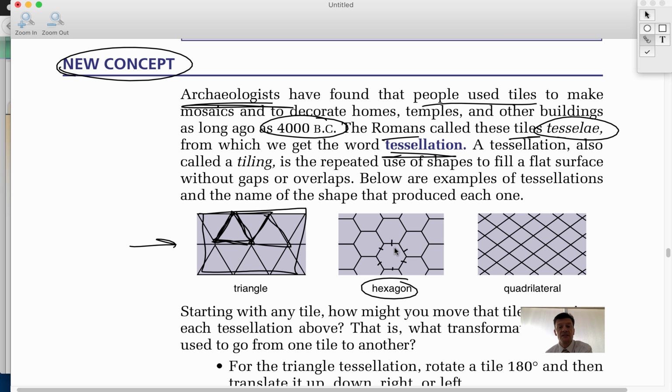This is a regular hexagon because all of the angles are the same measure as well. You can fit all of those hexagons together. Again, there are no openings, no blank space on that floor. Here's a quadrilateral. It has 4 sides, 1, 2, 3, 4. So it looks like every triangle, every hexagon, every quadrilateral can tessellate if you want it to. They can fit together in order to fill the flat space.